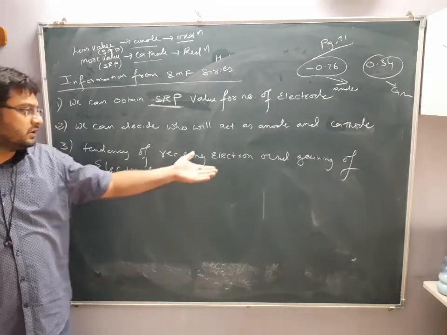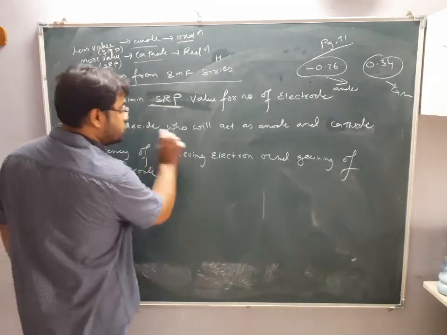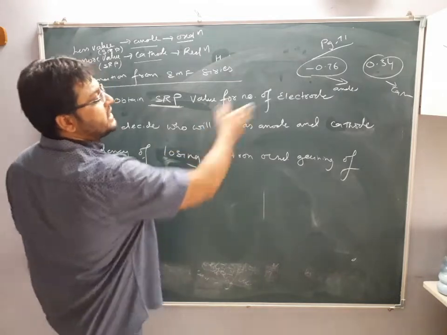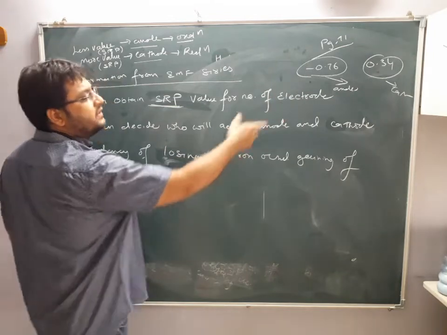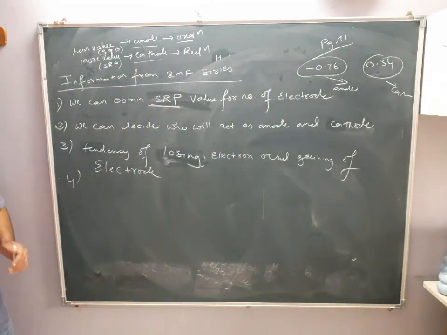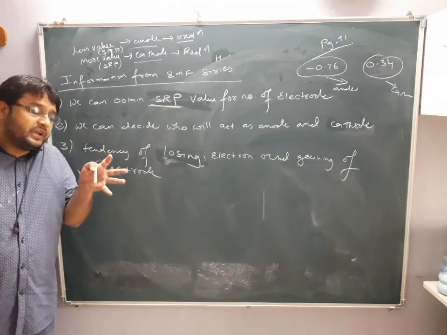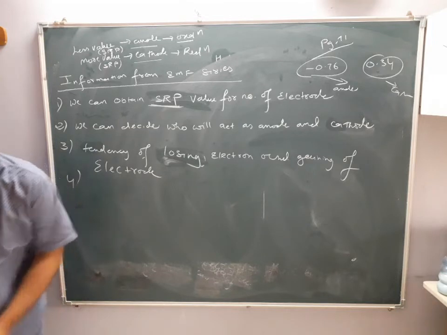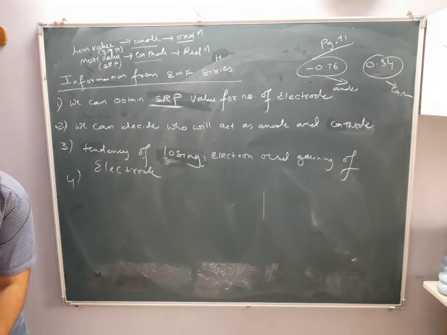Sorry, here tendency of losing electron or gaining electron. Okay, so if they act as an anode, they will lose the electron. If they act as a cathode, they will gain the electron. So by seeing the values, we can know the tendency of which electrode will act as what.